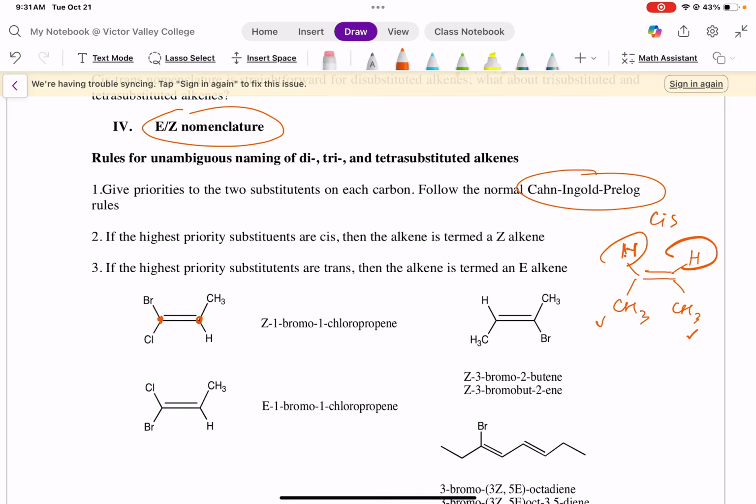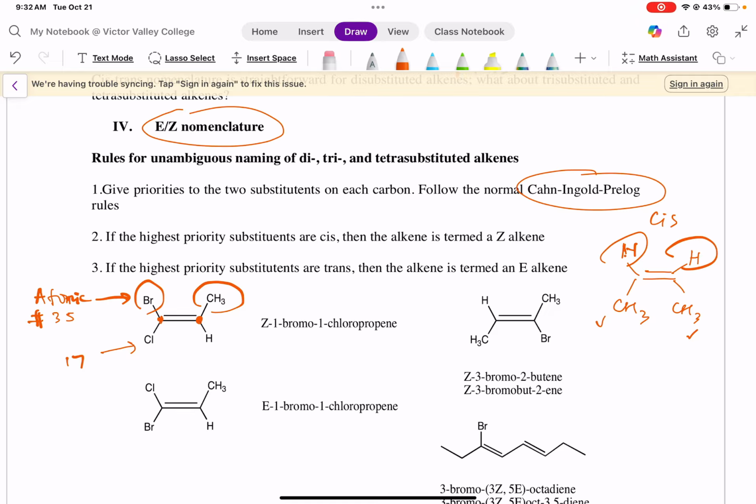Okay, for example, bromine and chlorine, bromo and chloro, bromo is higher, so I'm circling bromo because atomic number 35, versus this one, 17. Okay, that's the atomic number 17. Now, on the second carbon, we are picking methyl because carbon, atomic number 6, versus hydrogen.